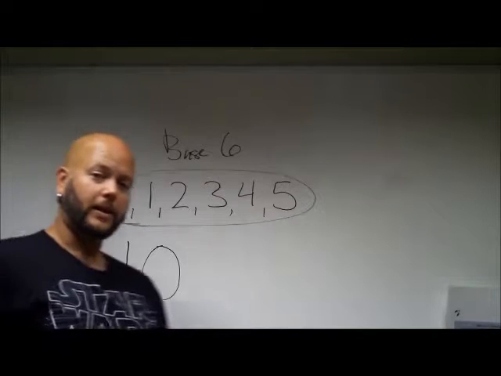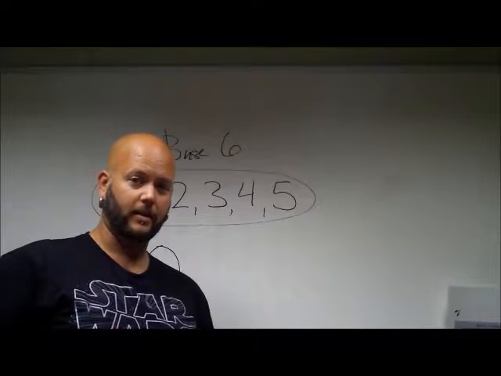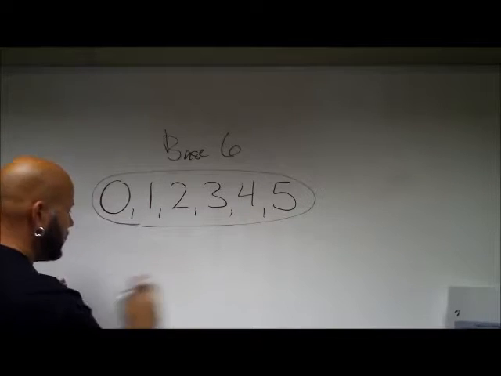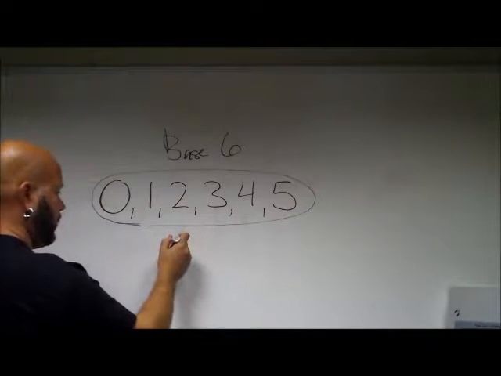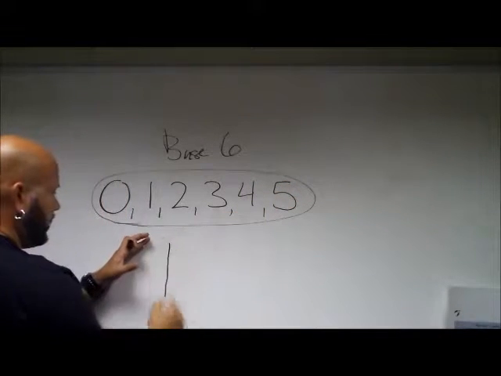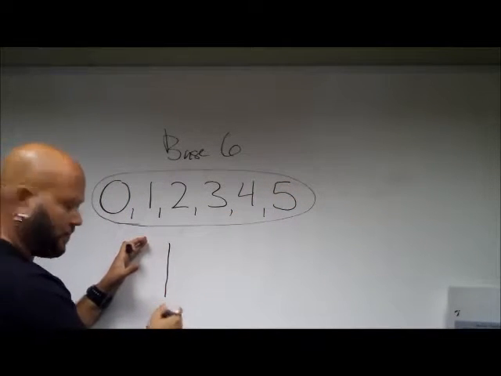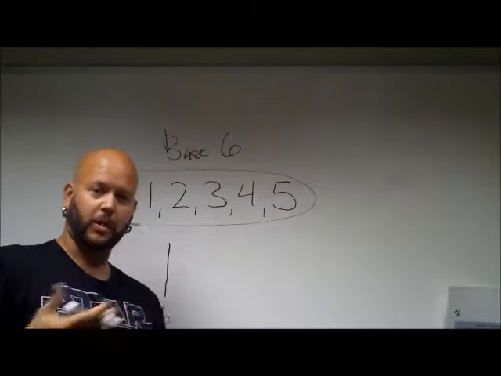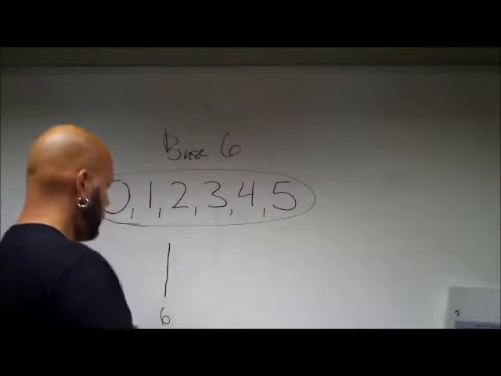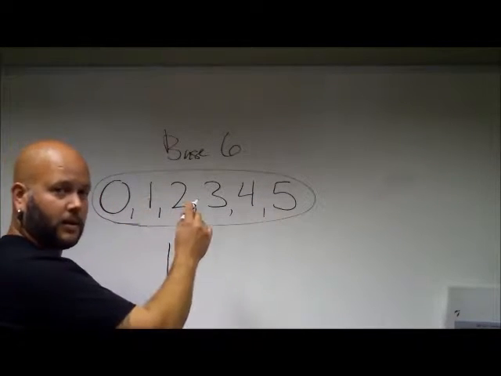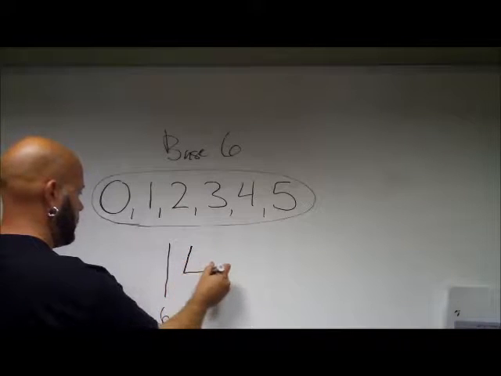If we wanted to write the number 10 in base 6, well, we already know that 1 means the whole group of 6 numbers, so this line right here means 6. And then 6 plus what equals 10? Well, that would be 4. Is 4 in these numbers? Yes, it is.